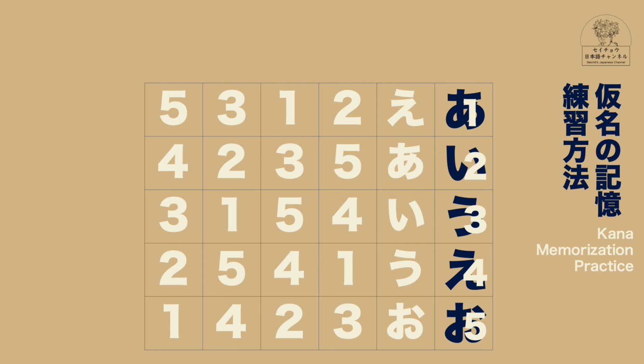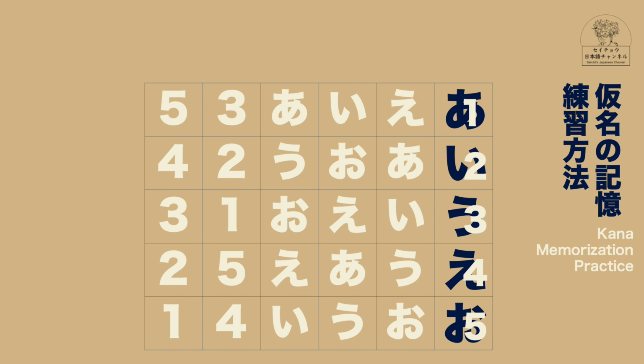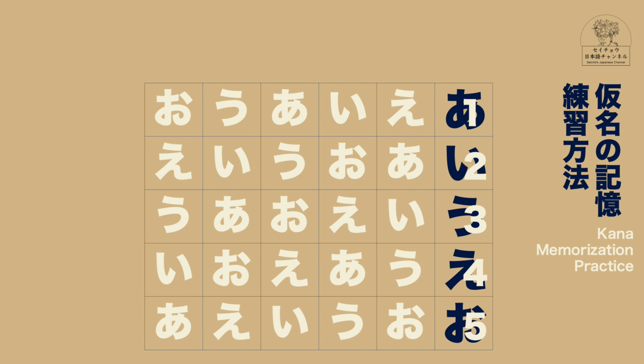The next rows will be i, o, e, a, u; a, u, o, e, i; u, i, a, o, e; o, e, u, i, a. Please practice this exercise separately for hiragana and katakana, writing them out on paper. In this way, your pronunciation, writing, and memory can all improve at the same time.